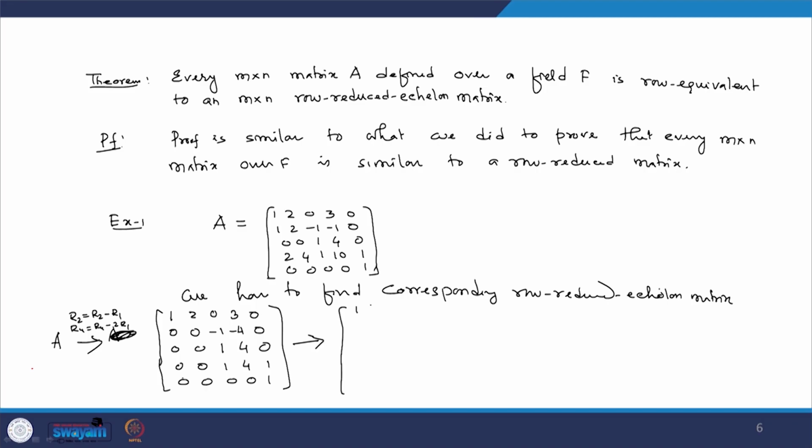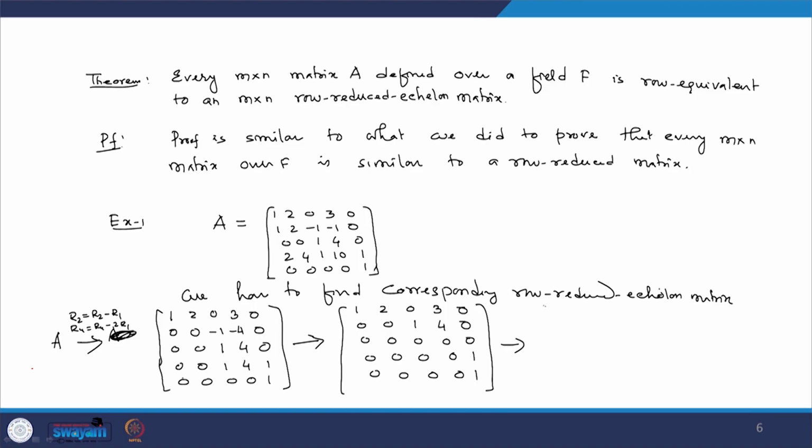The first row I will leave as it is because it is not violating the rules for the definition of the row reduced echelon form: 1 2 0 3 0, and the second row I will divide by minus 1. So, it will be 0 0 1 4 0, and third row I have to add this one also, it will work. Similarly the fourth row 0 0 0 0, then 1, then 0 0 0 0 1. Still it is not a row reduced echelon form, please.